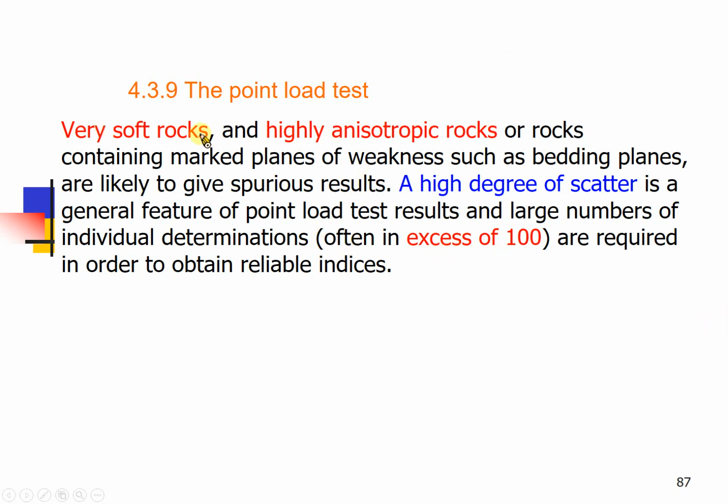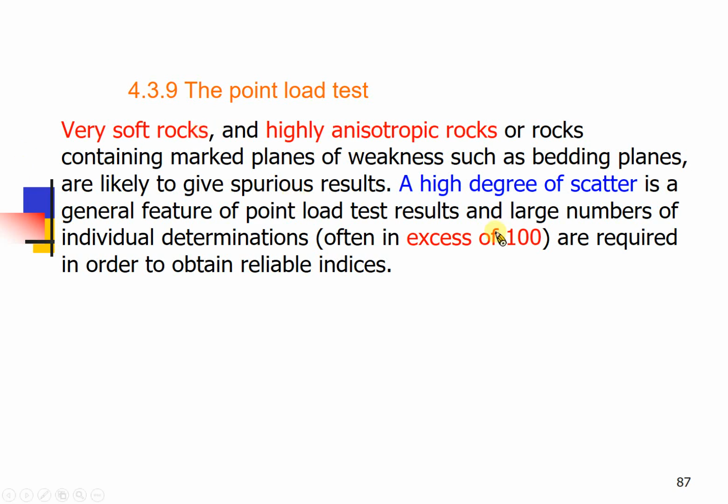For very soft rocks, like poorly cemented sedimentary rocks, or rocks with very high anisotropy, like slate or schist, you need to use the so-called point load test with caution. Okay?